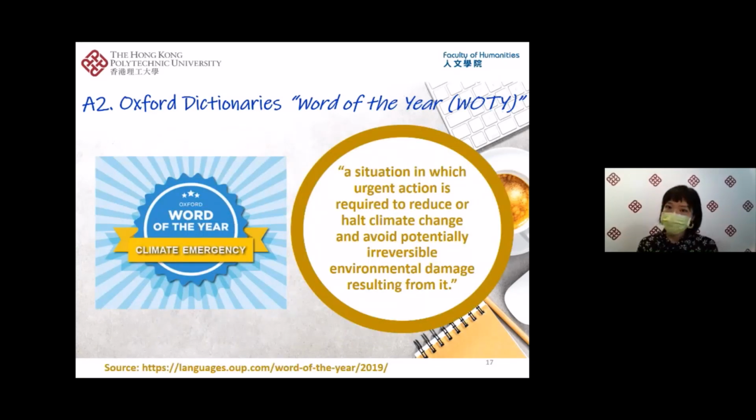Climate emergency is defined as a situation in which urgent action is required to reduce or halt climate change and avoid potentially irreversible environmental damage resulting from it. It's about global warming, it's about climate change, and it's about environmentally friendly actions, basically.